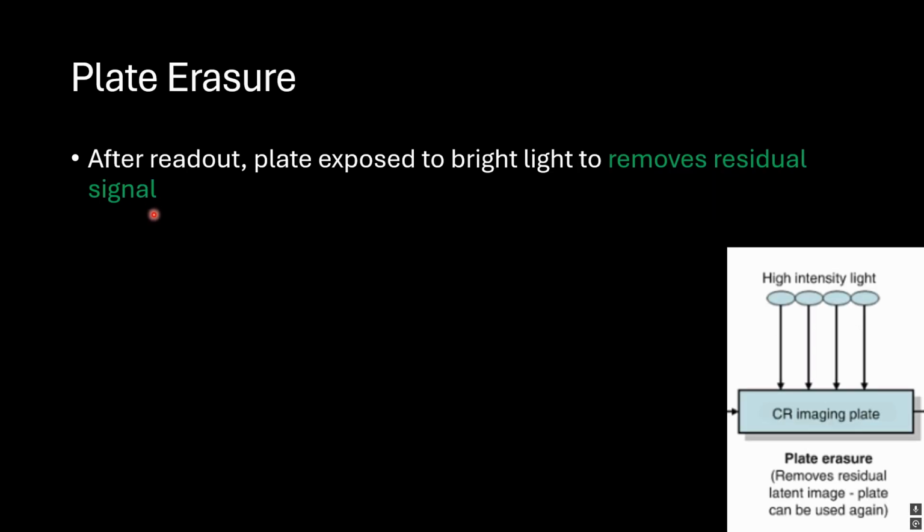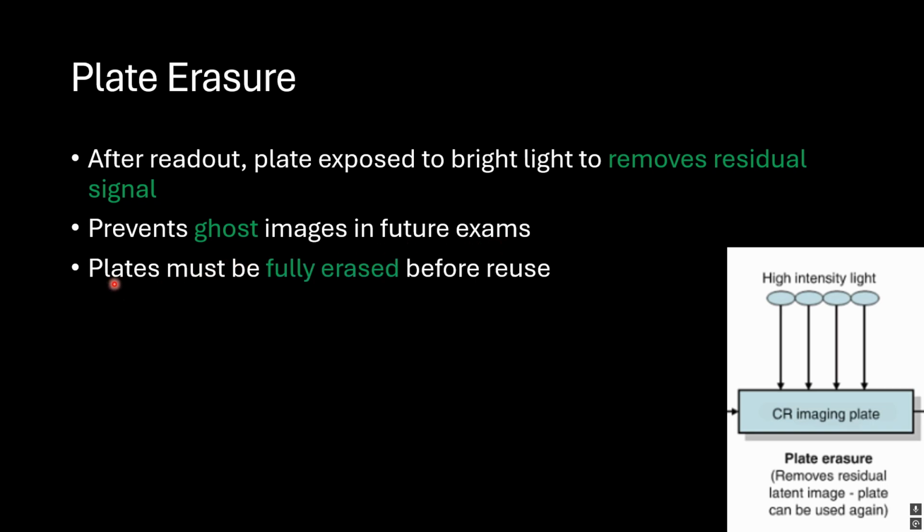After we finish reading the plate, it will be exposed to bright light to remove residual signal, as I mentioned before, because we don't want to have the ghost effect on our next image. It prevents ghost images in future exams, and the plates must be fully erased before use, which is something we don't do in the DR system.